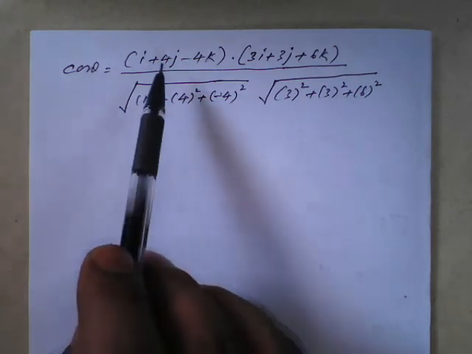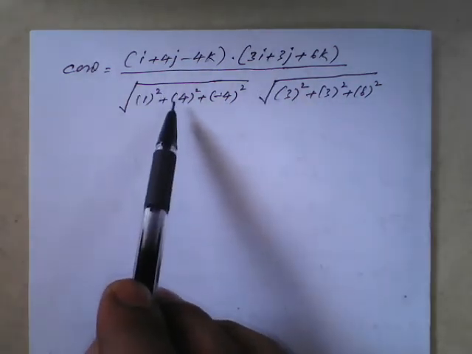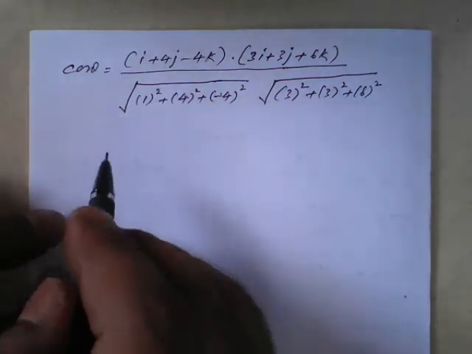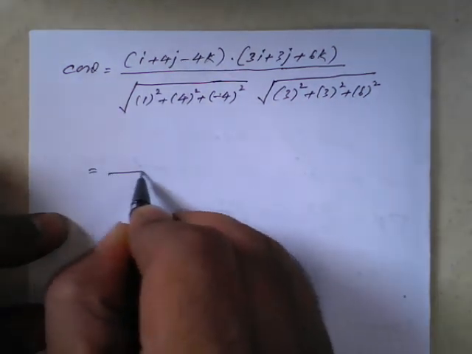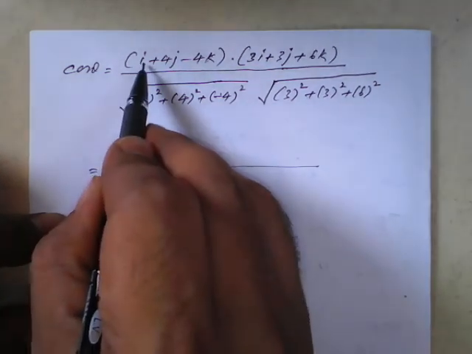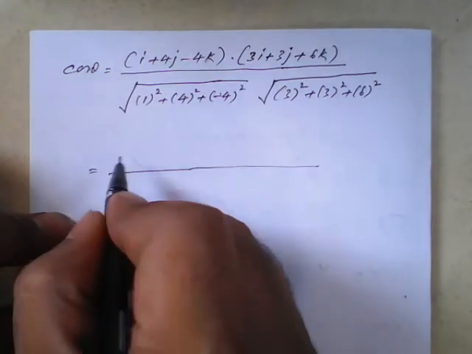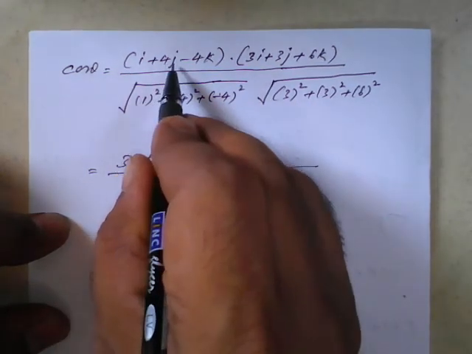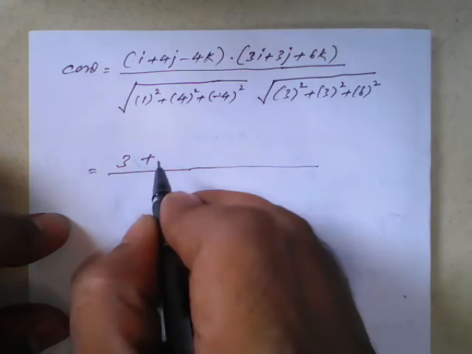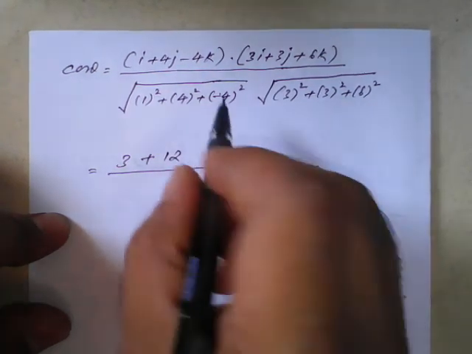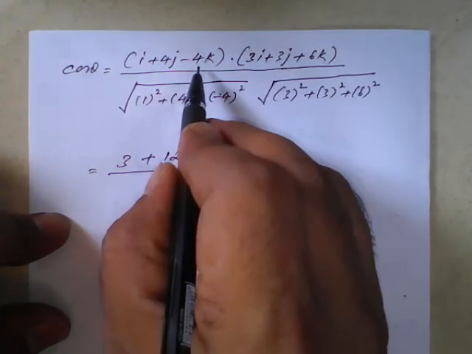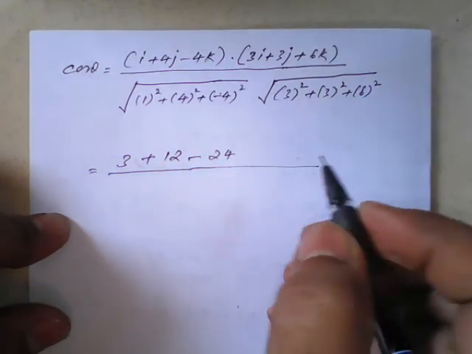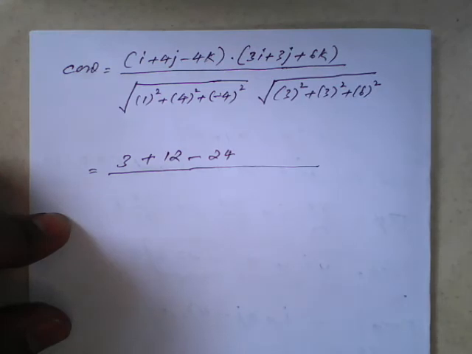So on substitution, the values of a bar, b bar, modulus of a bar and modulus of b bar will give this result. Now we'll take the dot product of this. i dot 3i will become 3, plus into plus is plus, 4j dot 3j, 4 threes are 12, j dot j is 1, minus into plus is minus, 4 into 6, 24, k dot k is 1.